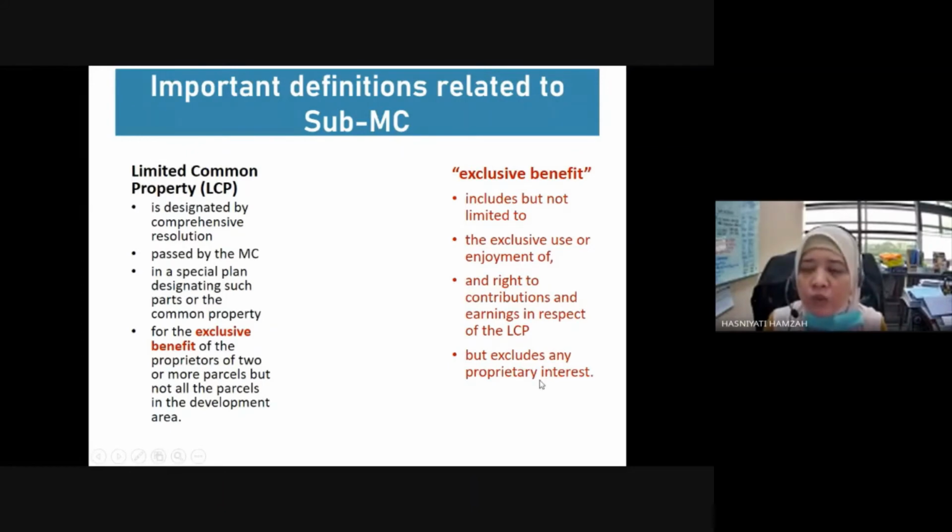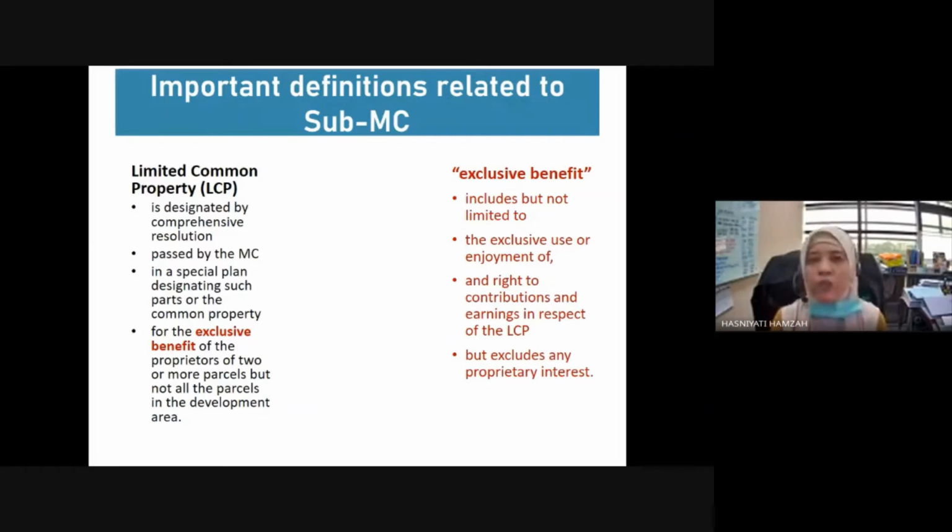So when you have no ownership right, that means the LCP still belongs, in terms of ownership, to the development, to the MC, to everyone. But once you have the right, you can exclude others from using. We learned before that real estate is about a bundle of rights. On one land you may have different rights.